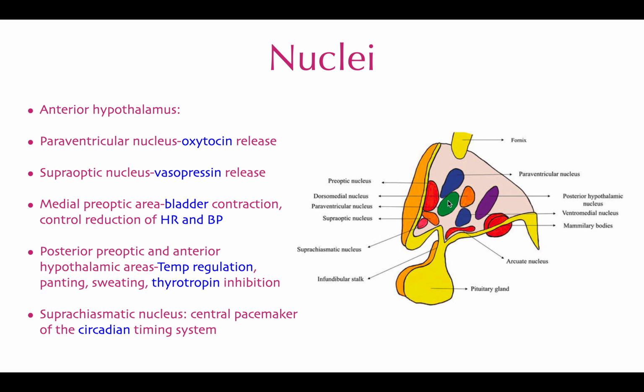The posterior hypothalamic nucleus is going to be responsible for temperature regulation, so decreasing the temperature by panting or sweating, and thyrotropin inhibition. The suprachiasmatic nucleus is going to be responsible for controlling the circadian rhythm.